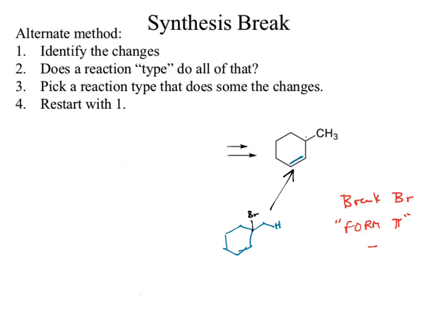I need to break hydrogens. And I've got 2 of them that I would have to break off. So I need to break hydrogen, I need to break the bromine. What else has to happen? Add another hydrogen. I need to add another hydrogen.